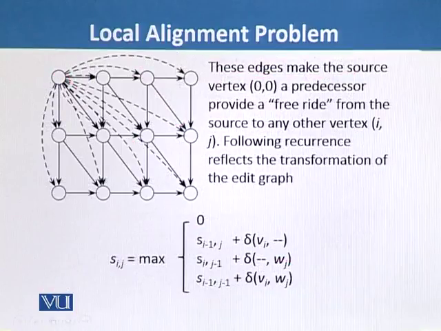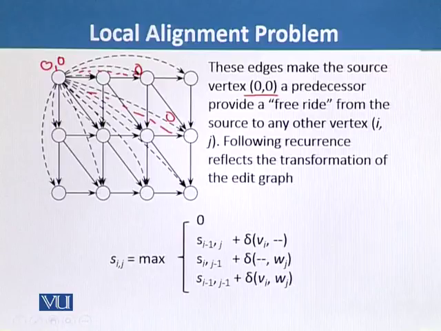So here we can see that these edges make the source vertex 0,0 from here, and we can add the additional edges that are shown in the dotted line, and we assign the value of 0 to each of the additional edges.